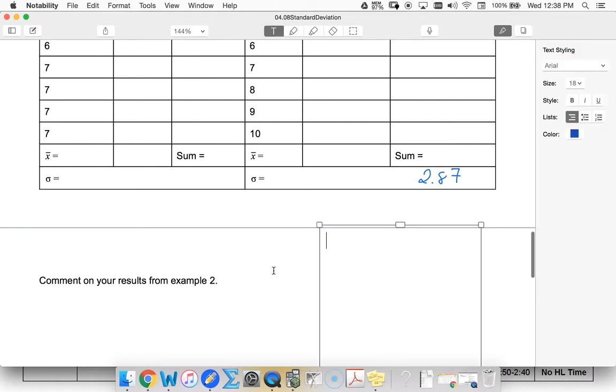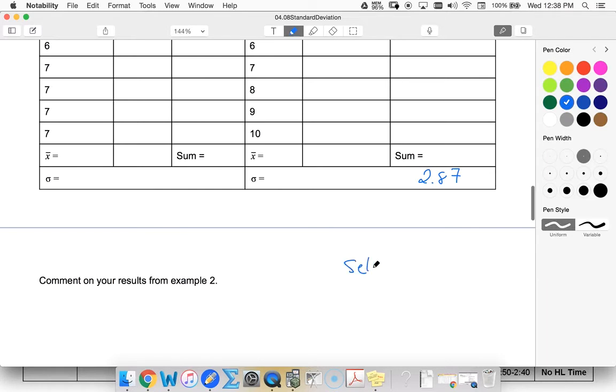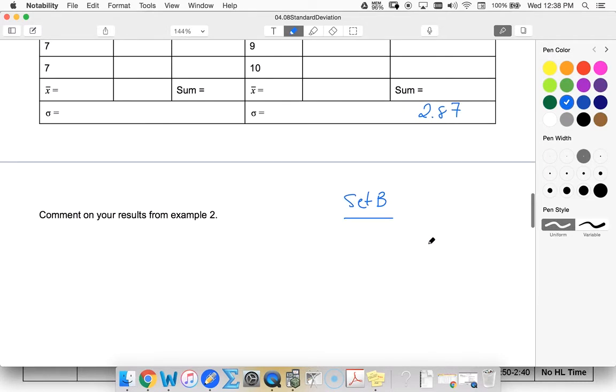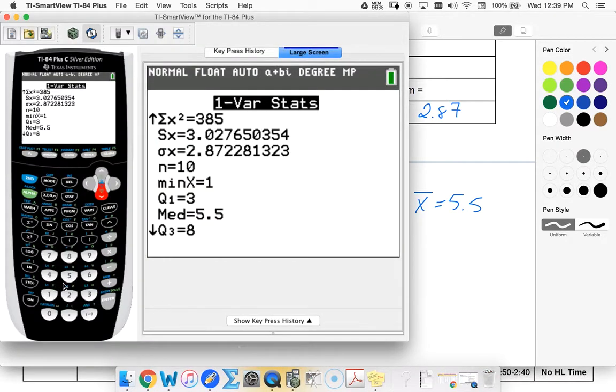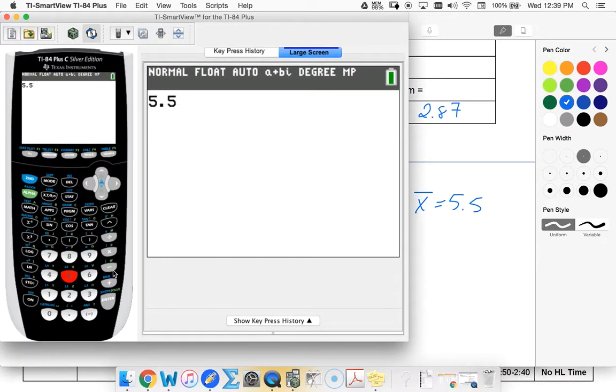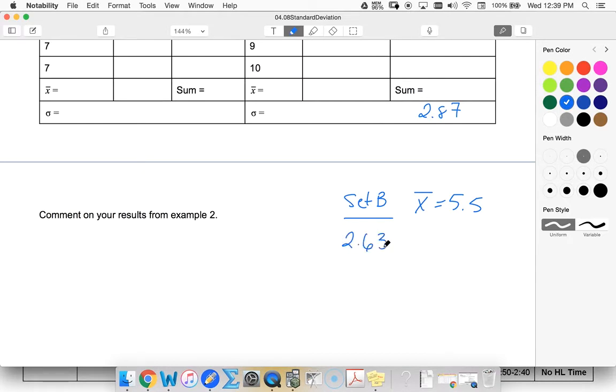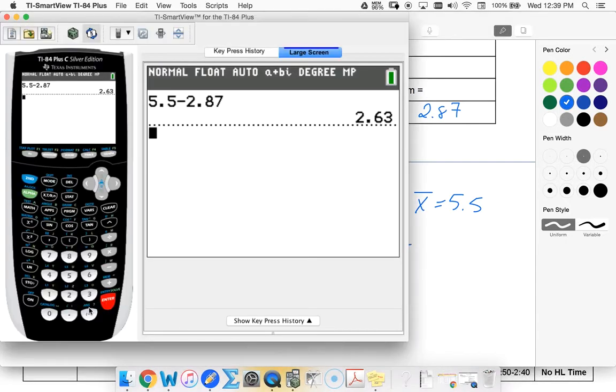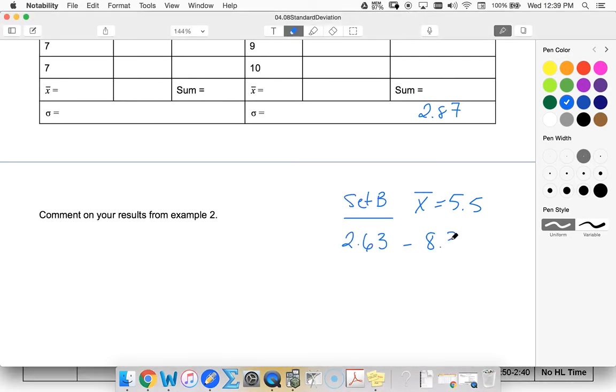So let's think about that. So we've got set B, or class B. The mean was 5.5. And so 5.5 minus that 2.87 is 2.63, and then 5.5 plus 2.87 is 8.37.